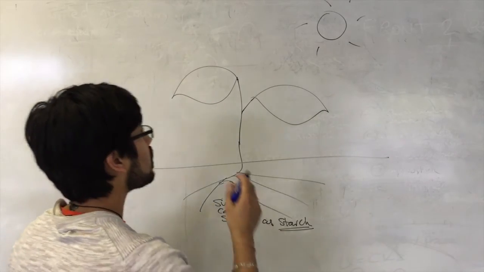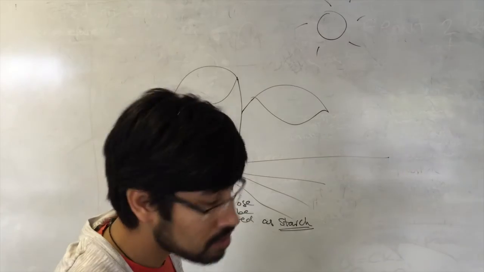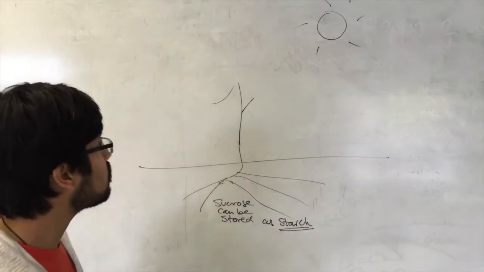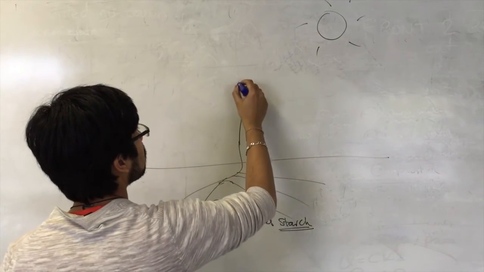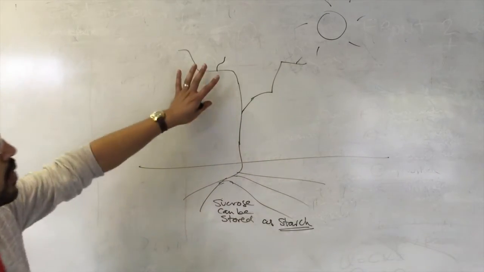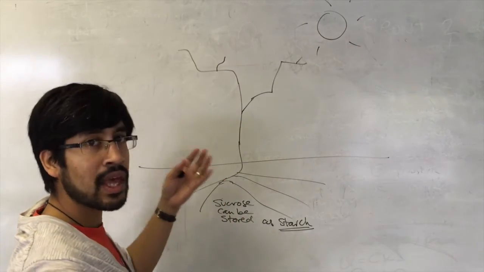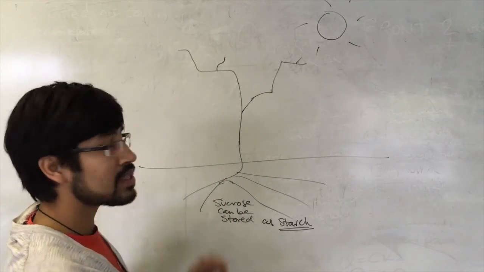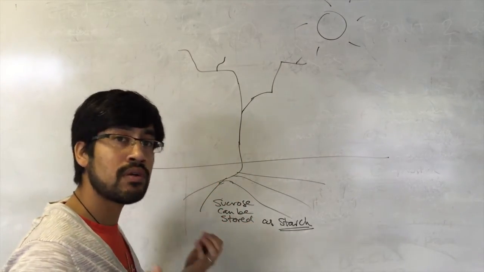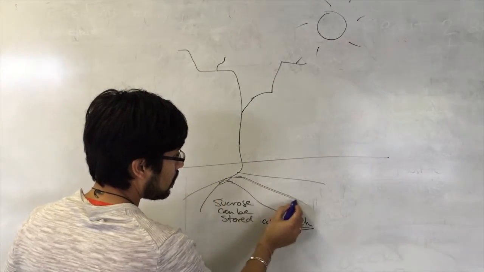Because at some point in the year, a lot of plants, deciduous plants, will lose their leaves, and they don't have any active photosynthesis going on up there. But that doesn't mean that the plant is dead. It still has living cells, but no photosynthesis going on. So where is the sucrose going to come from? It will come from all that stored starch in the roots.